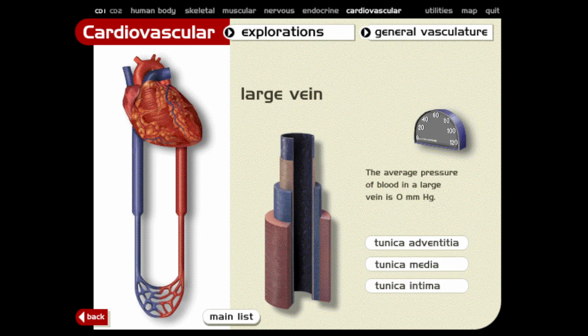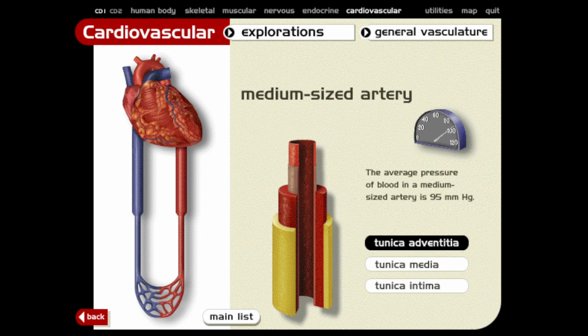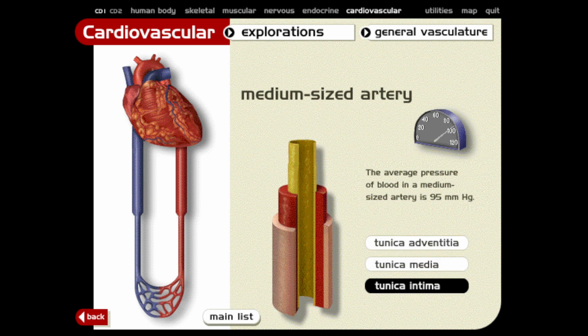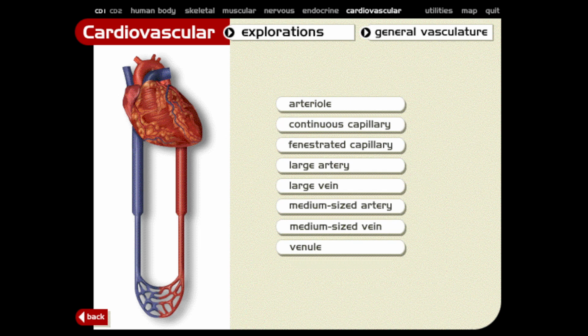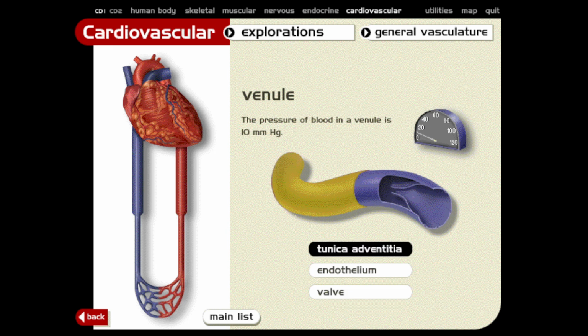Large vein. Medium-sized artery. Medium-sized vein. Venule.